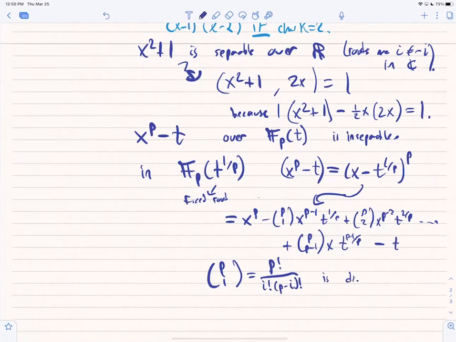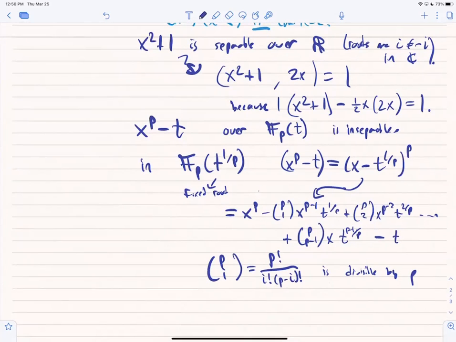This is an integer, and that's why the binomial formula makes sense in an arbitrary ring, because these are just integers. It's an integer divisible by p, so it's 0 in F_p.